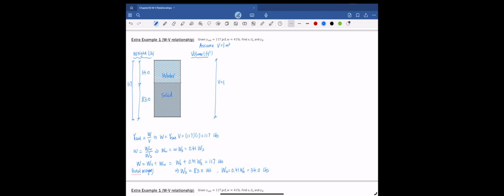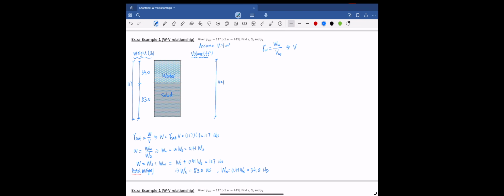For the volume side, a common trick is that if the weight of water is given, we can calculate the volume of water because the unit weight of water is a constant, and vice versa. So we're going to calculate the volume of water first. The unit weight of water by definition is weight of water over volume of water.